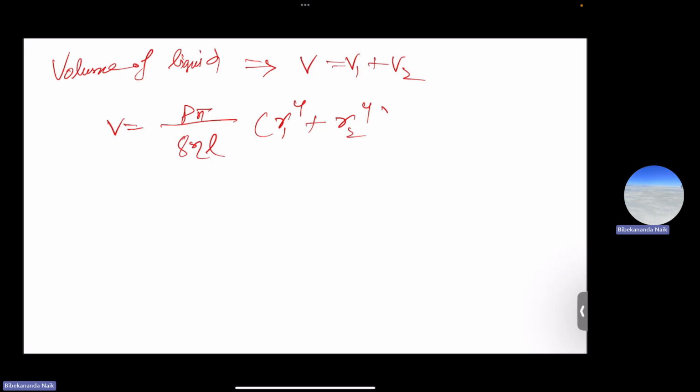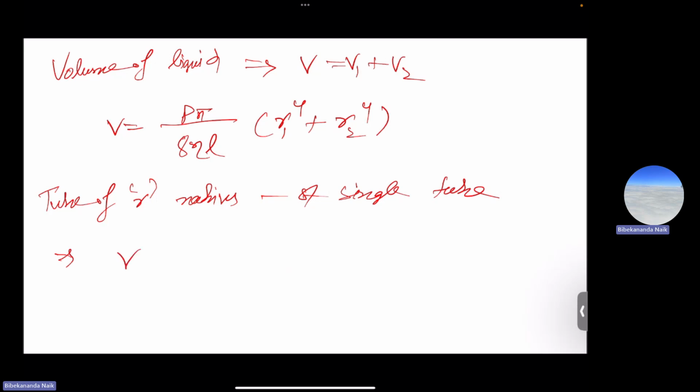Now, if we make a tube of R radius and a single tube we will connect, then what happens? So V will be P pi divided by 8 eta L into R to the power 4.